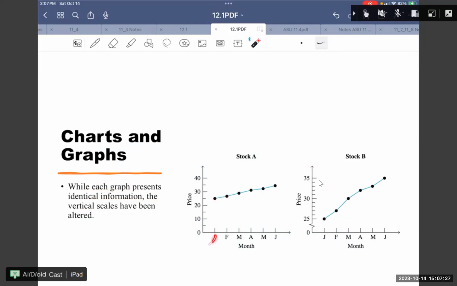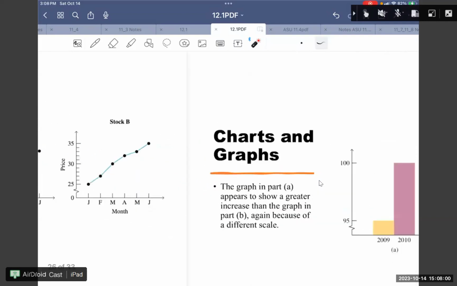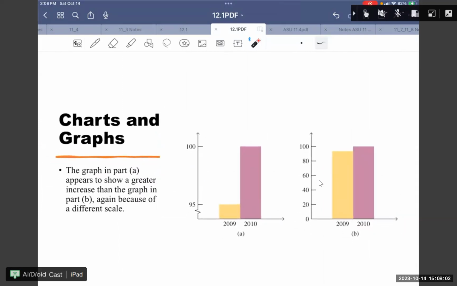So from January, February, March, April, and then May, June, that's how they go. And this one is the price for stock A and stock B. When we see graphs like this, we should see that the data are the same, or we can see how the stock goes.